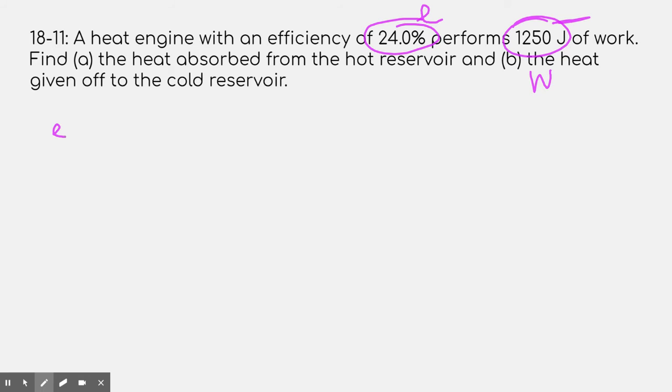That formula is that the efficiency is equal to work over QH. Well, we need to solve for QH. So QH is equal to the work divided by the efficiency.